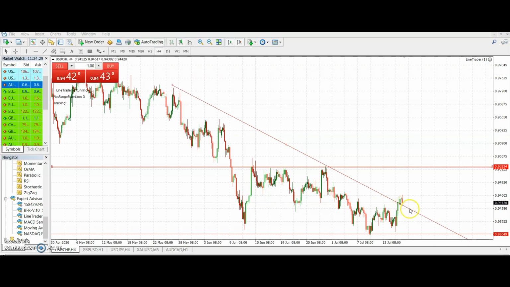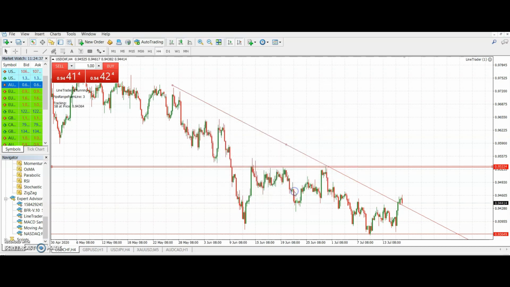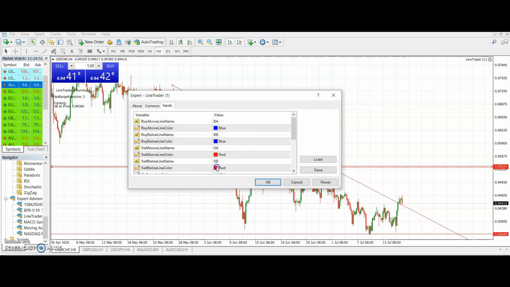So basically, right click it and go on trend line properties, and then change to SB, which basically means sell below, right? Then if you come here, you see it will say now tracking SB, and then the price level when it will be below and 3 pips away, right? So these commands again, remember you just find them here, sell below and the color. So you have to remember them. They're just 4 of them, I think.